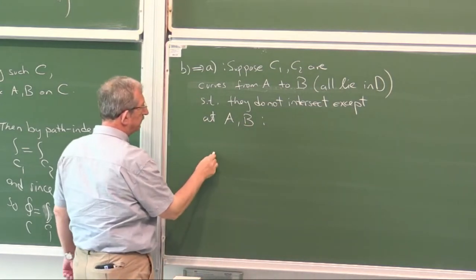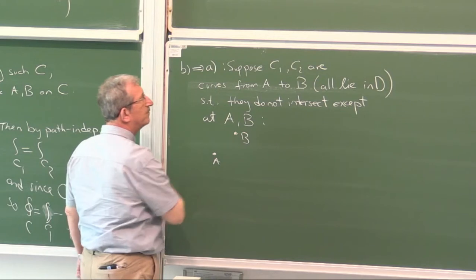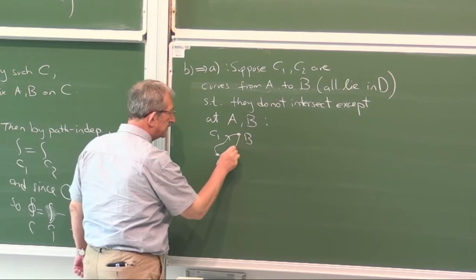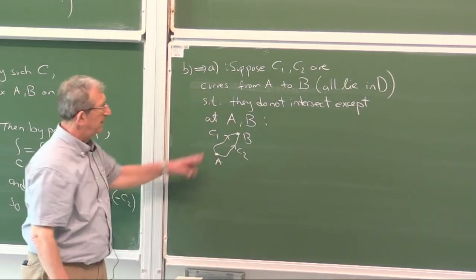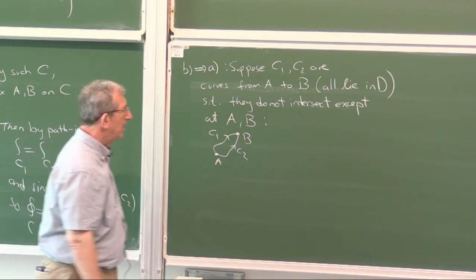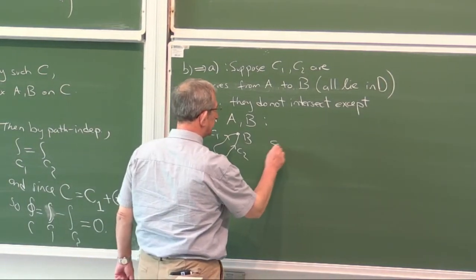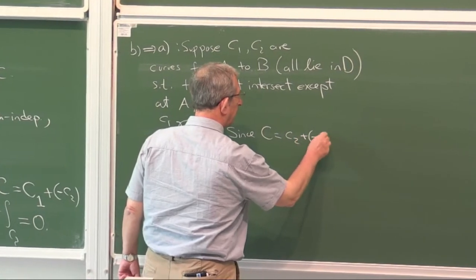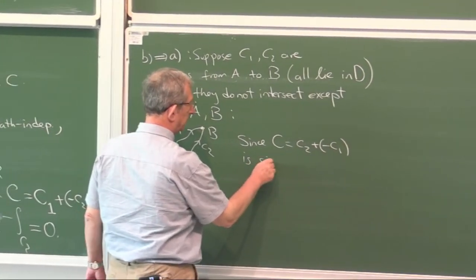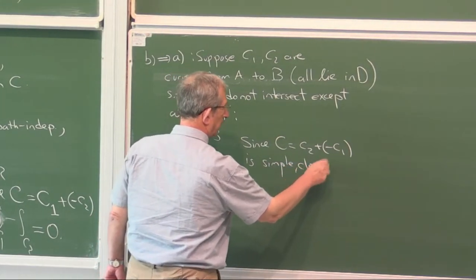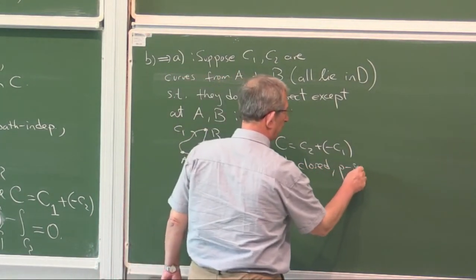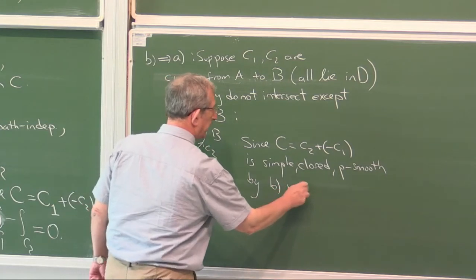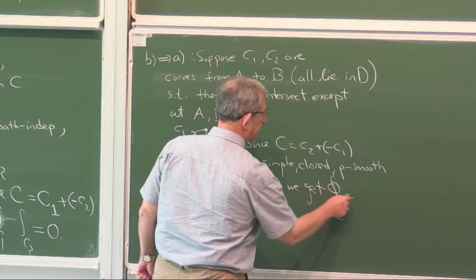Okay, so the situation is the following. We have A, we have B, we have some C1, and we have some C2, and they do not intersect except at A and B. But then, since C, which is C2 minus C1, is simple, closed, and piecewise smooth, by B we get that the integral over C is 0.